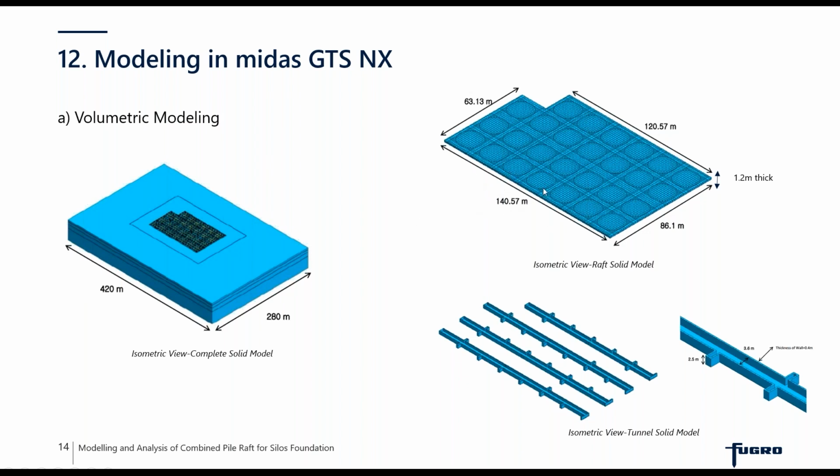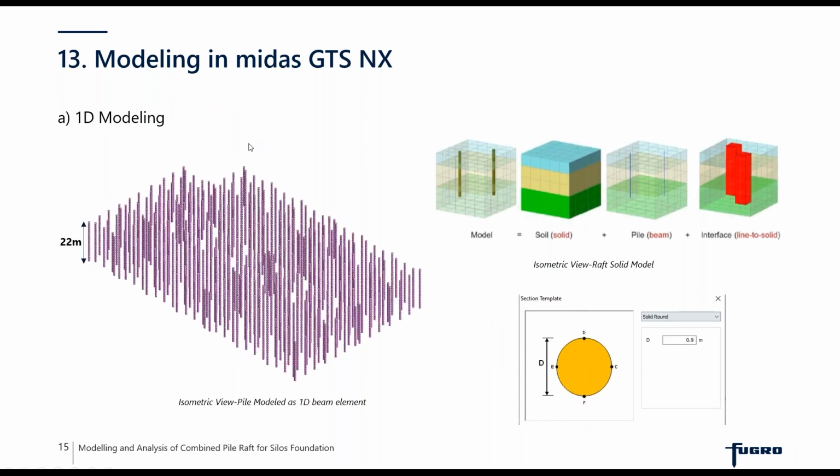Since we were interested in differential settlement, we modeled the full model instead of going for half or quarter modeling, which can also be one of the approaches. We selected the size of the model and boundary conditions such that there is no effect of the boundary on the analysis.